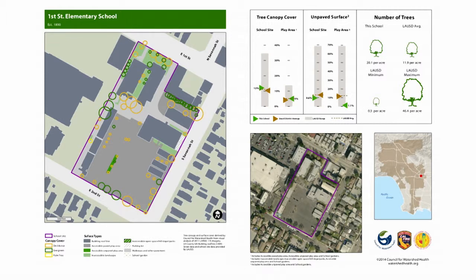Over here is the data that basically cites the school, the board district area, the range for the whole school district, and the average. And we have the number of trees per acre for this particular school, the average of the district, the minimum and maximum. The gray bars show the minimum and maximum value ranges.